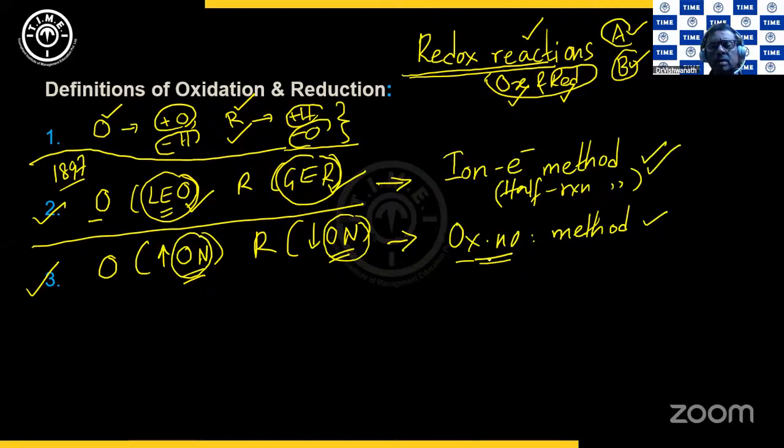If you are perfect with oxidation number calculation, this method is the best. If we have no knowledge of oxidation number, we can take up the ion electron method comfortably. Though it may take some time, it is accurate. With these things in mind, shall we start spending some time on finding out oxidation number?